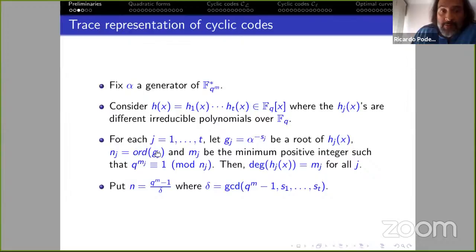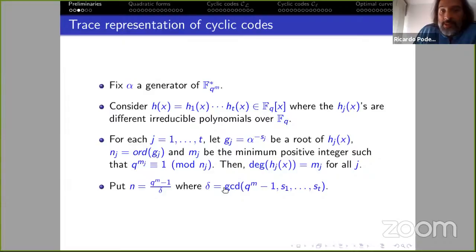Fix the order of these elements n_j, and the minimum positive integer m_j such that q to the m_j is congruent to 1 mod the order. So this m_j is the degree of the polynomials.